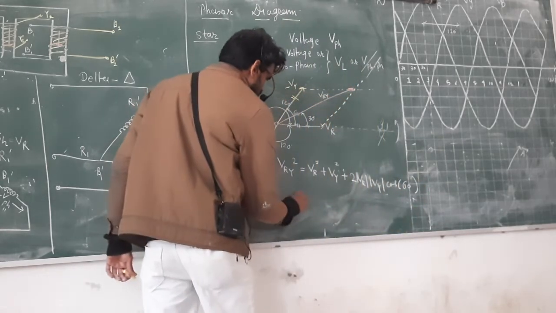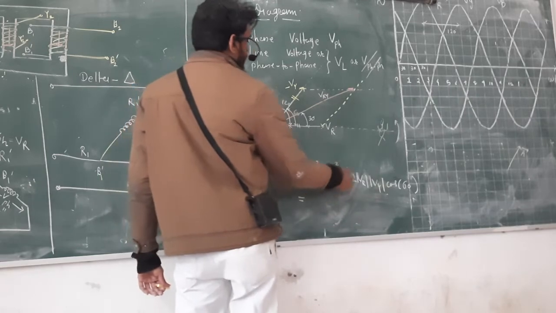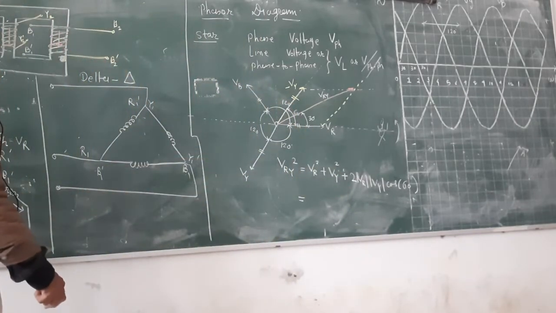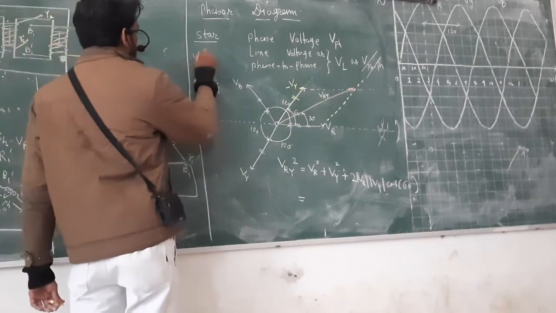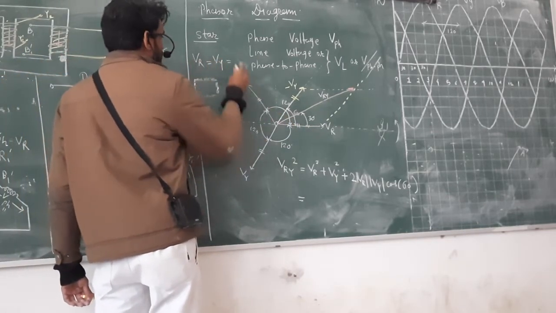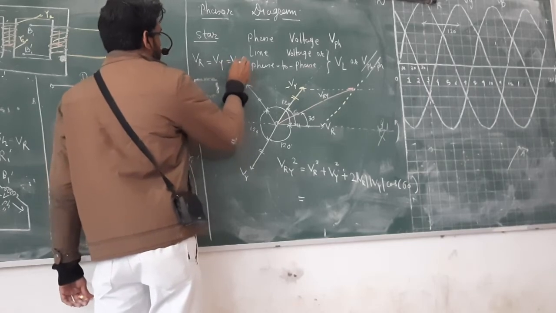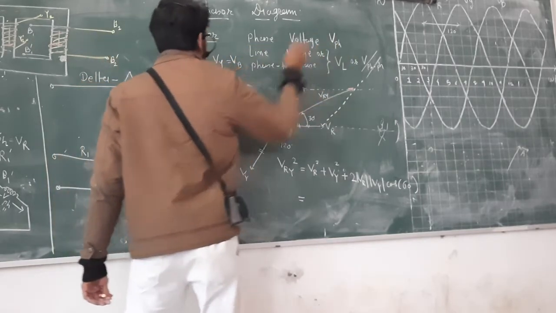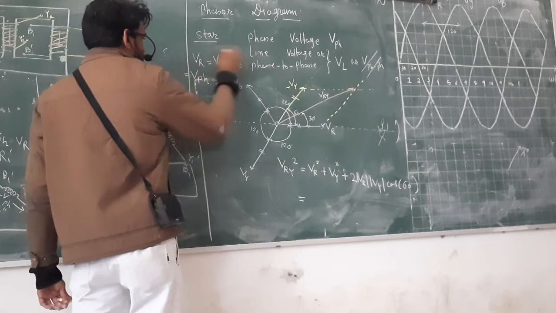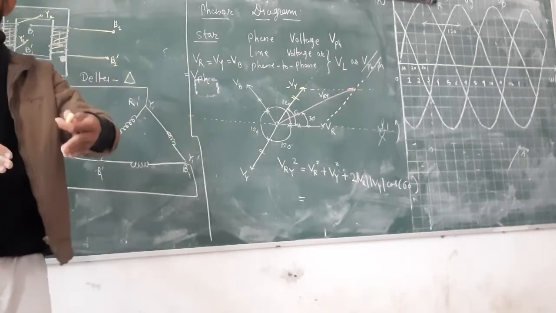But VR, Vy and Vb are all phase voltages. Phase VR is the same as phase Vy and that is the same as phase Vb. And all the phase voltages we call V phase and all are the same. So let's call them V phase, the common magnitude.